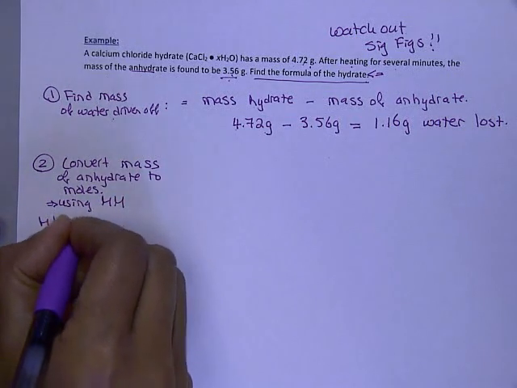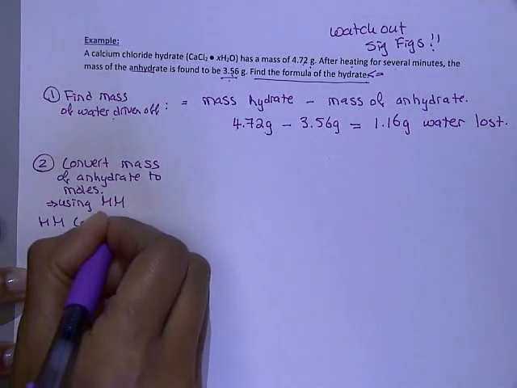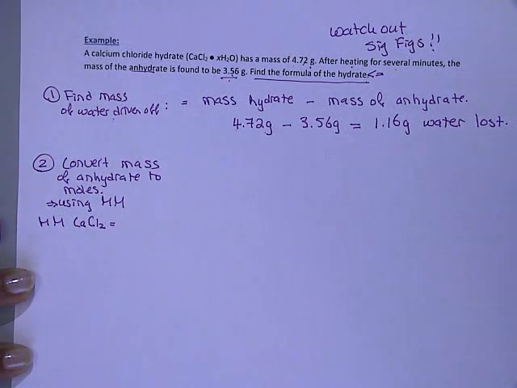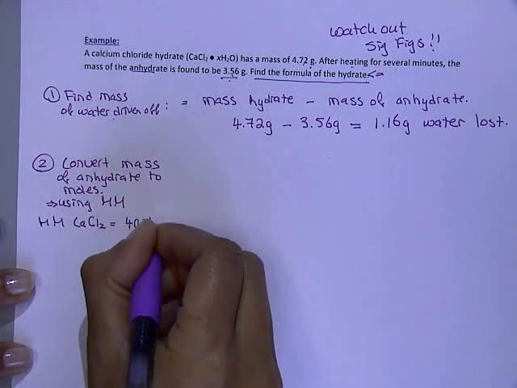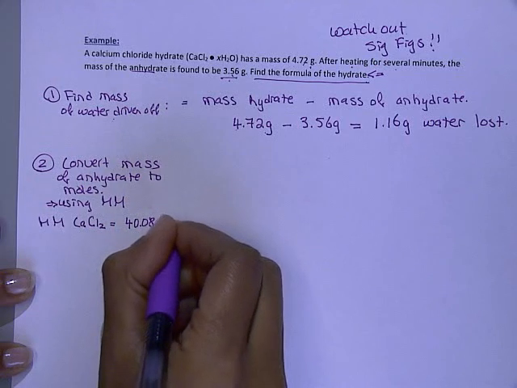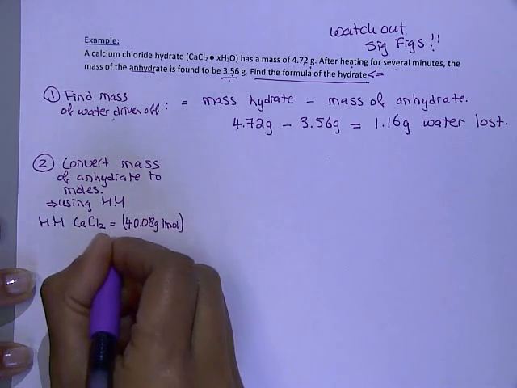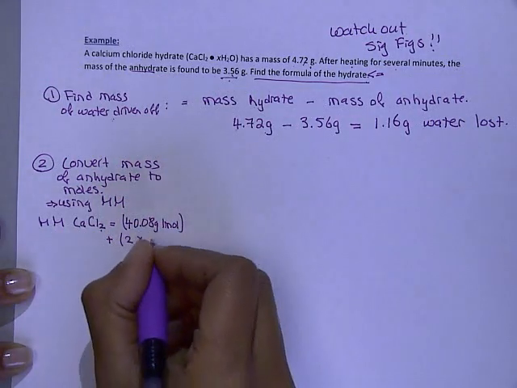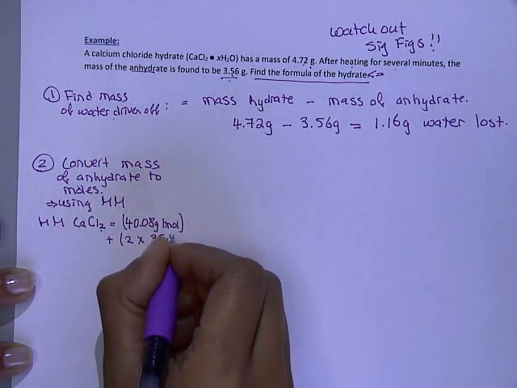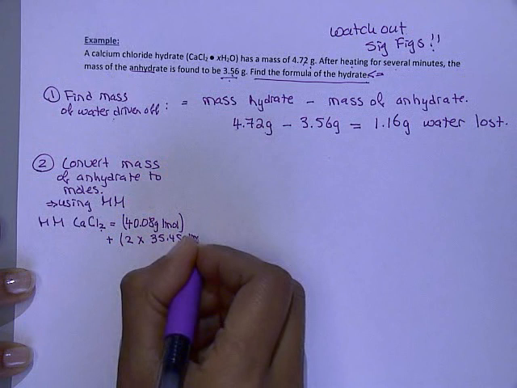So for our molar mass of calcium chloride, we have to look up the individual molar masses for each of these components. For calcium, it's 40.08 grams per mole, plus 2 times, because there are 2 chlorine atoms, 35.45 grams per mole.